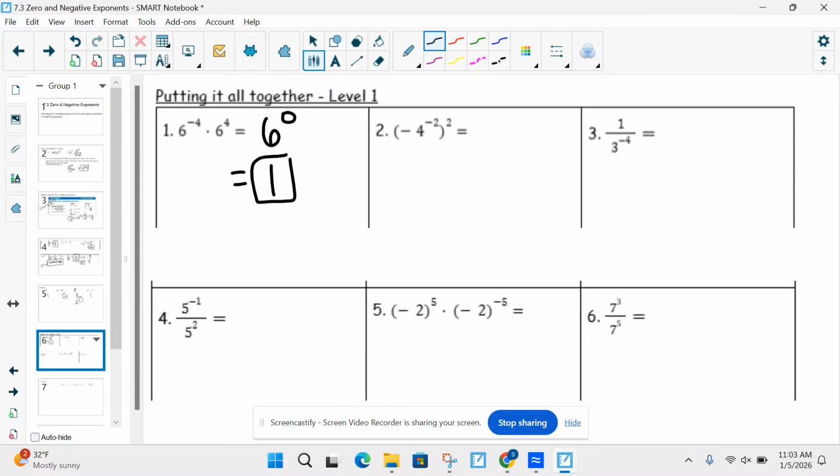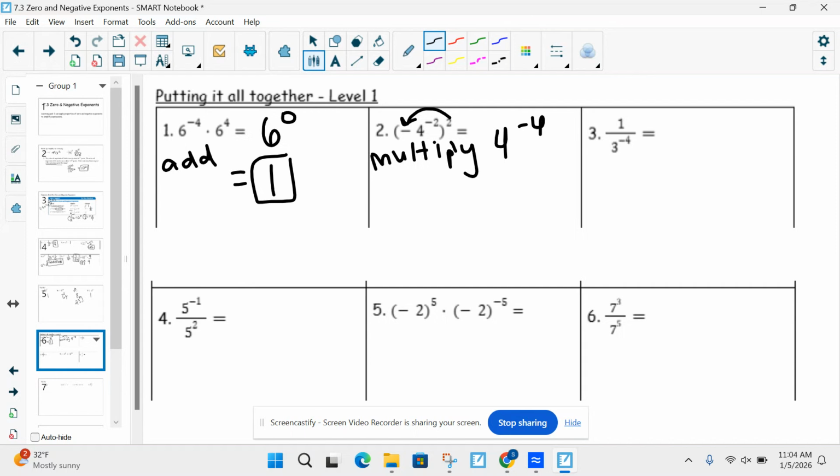Number 2, anytime you have a power raised to another power, you multiply the exponents together. So for this one, you add exponents. This one, you multiply exponents. First of all, if you square the negative, it becomes positive. And then negative 2 times 2 is negative 4. So 4 to the negative 4th.